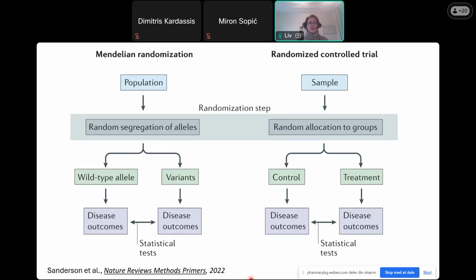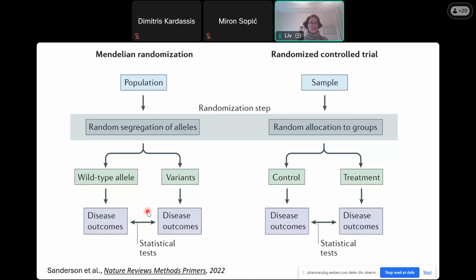And how can we use this in Mendelian randomization? Mendelian randomization you can compare to a randomized clinical trial. When you have a population, you have a random segregation of alleles at conception. So you will have one group that doesn't have the allele or the variant that you're interested in, and another group that has this variant.